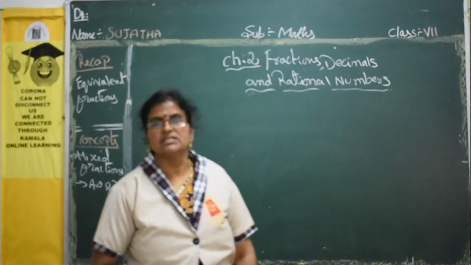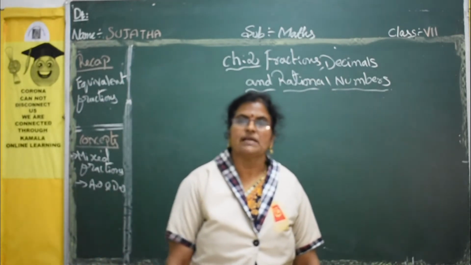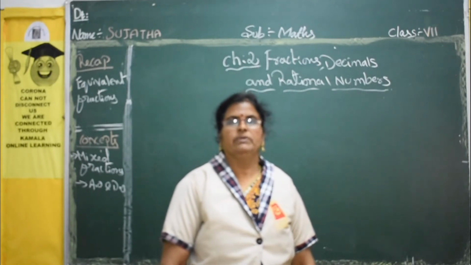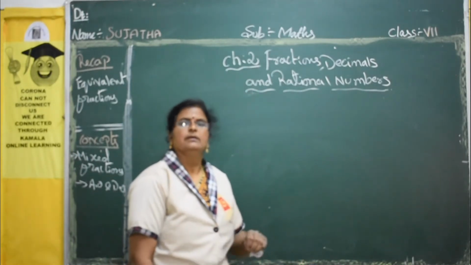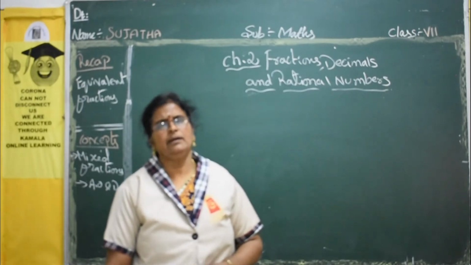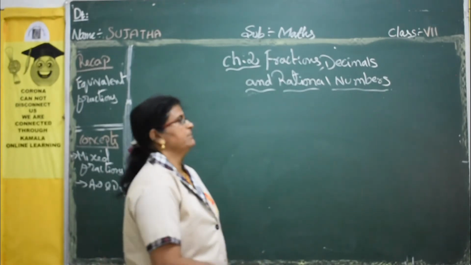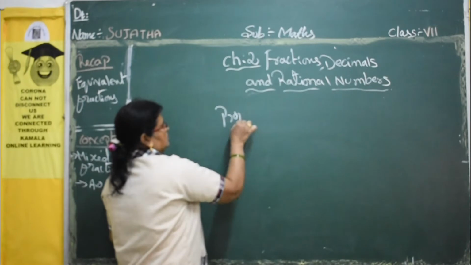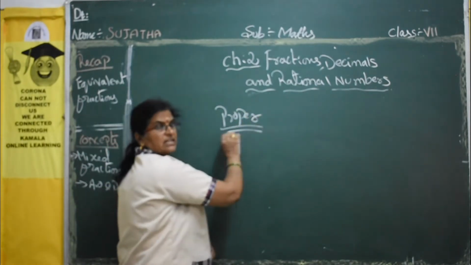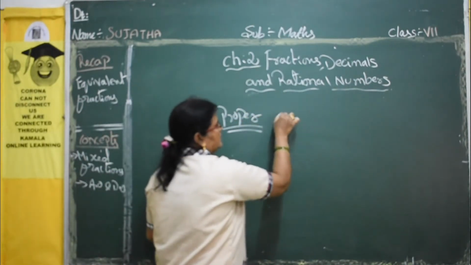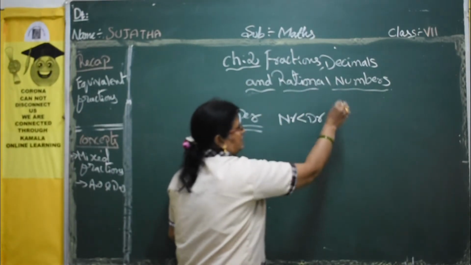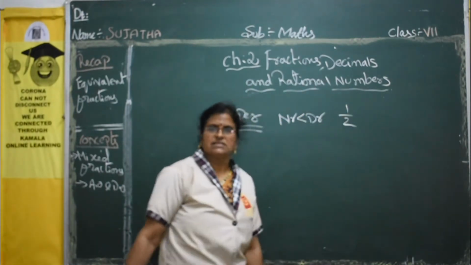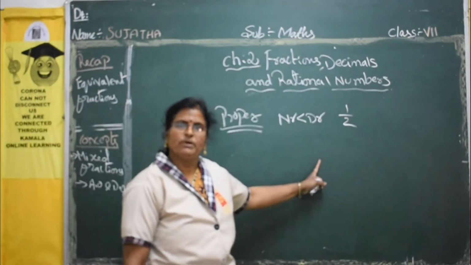So fractions. I also explained how many types of fractions there are. How many types? 3 types. What are they? Proper fraction, improper fraction and mixed fraction. What is meant by proper fraction? If the numerator is less than the denominator, it is a proper fraction.